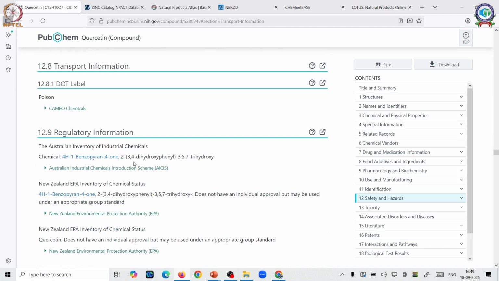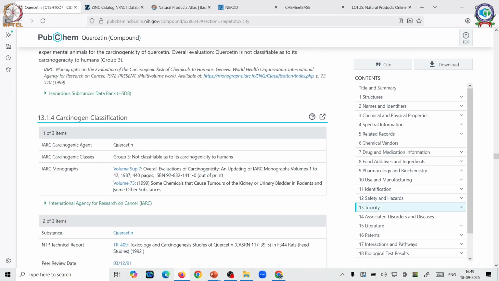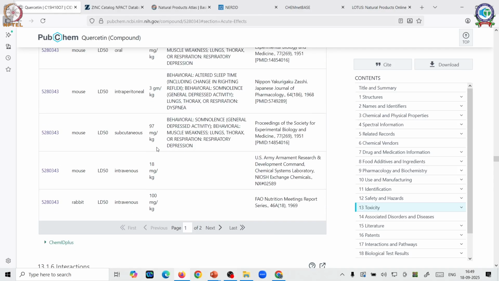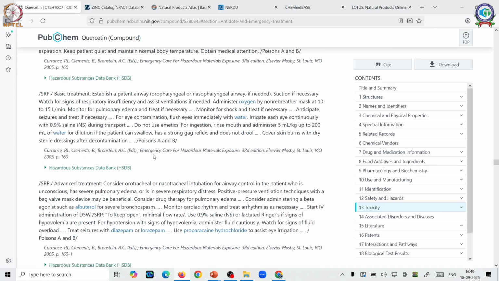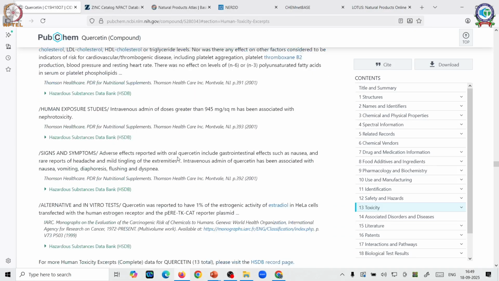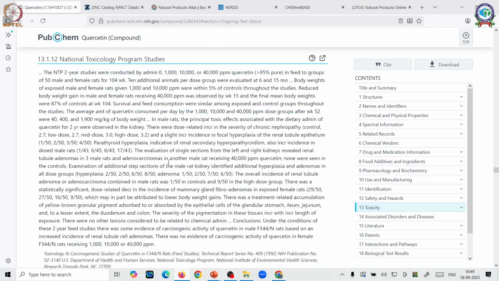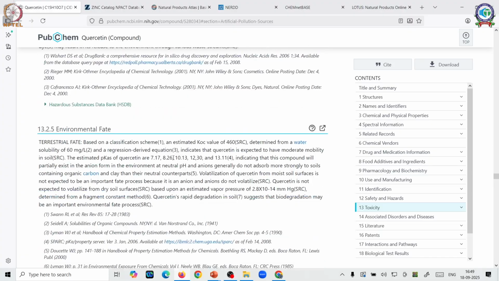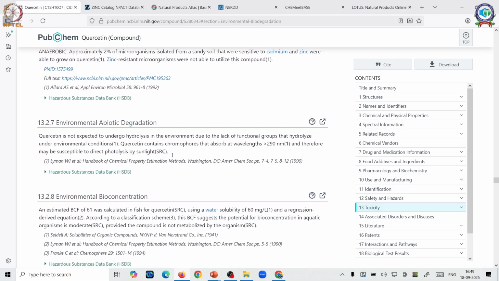Transportation, any regulatory information, toxicity information, carcinogenicity information, acute effects on mice, it's seen, interactions with any drugs or any other substances. So you can see, like I said, this one software is like a whole package for your literature. That's where it's mostly a go-to software if you search, and many of the phytoconstituents are available here.